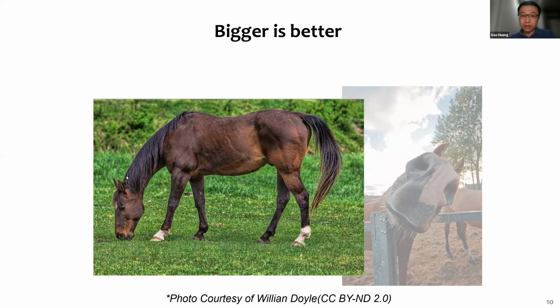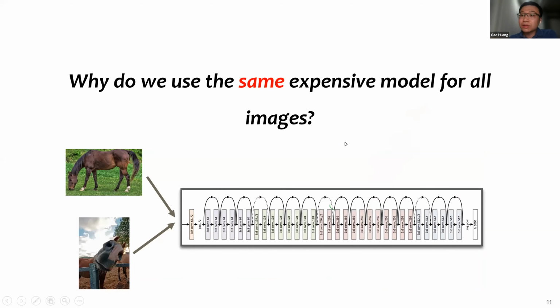And this makes the computational redundancy more severe, right? Because we have to waste a lot of computation. We have to inference the left image with our very deep model, but actually it does not need a very deep model. So the immediate question is, why do we need to use the same expensive model for all the images?